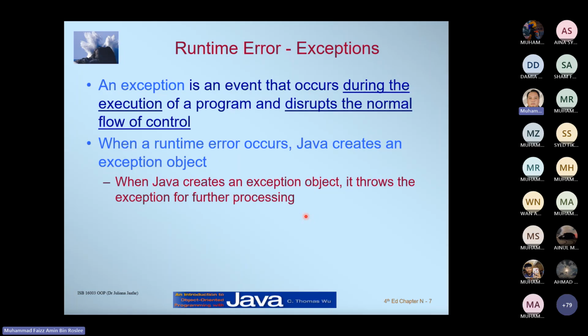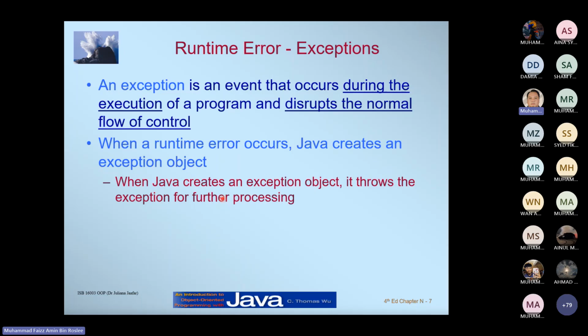A runtime error exception is an event that occurs during the execution of a program and disrupts the normal flow of control. When a runtime error occurs, Java creates an exception object. When Java creates an exception object, it throws the exception for further processing.